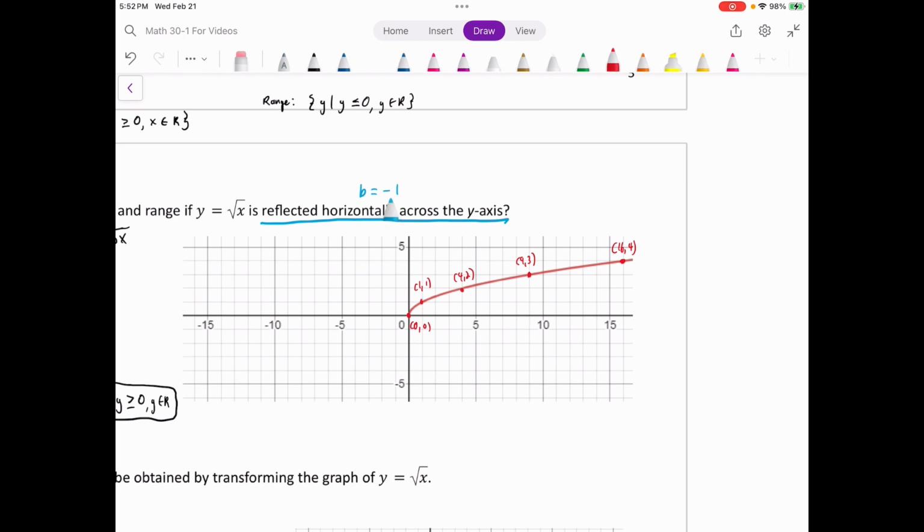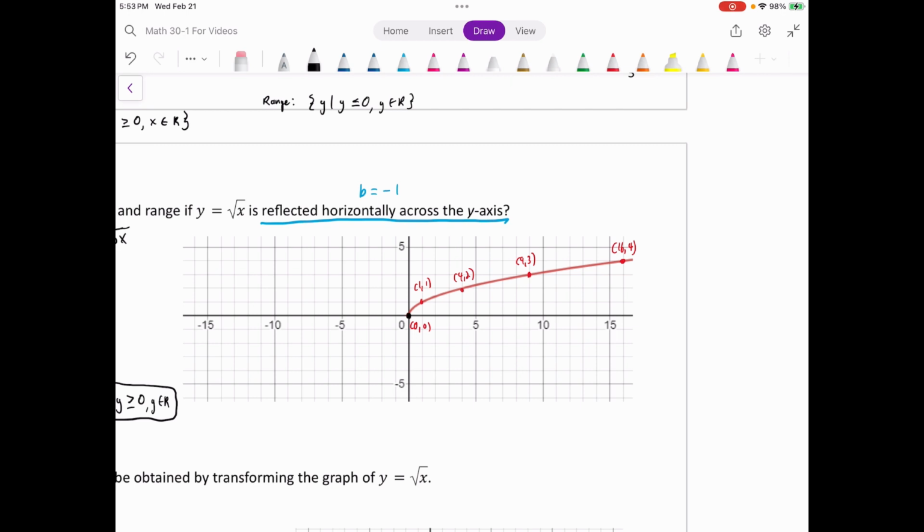Well, we multiply every x value on the original graph by 1 over b. Well, 1 over negative 1 is still just negative 1, so we're multiplying every x by negative 1, and that's going to cause the sign of each x to change, and therefore these positive x's are going to become their negative twin versions. So multiplying the x value here, 0, 0, multiply 0 by negative 1, you still get 0.